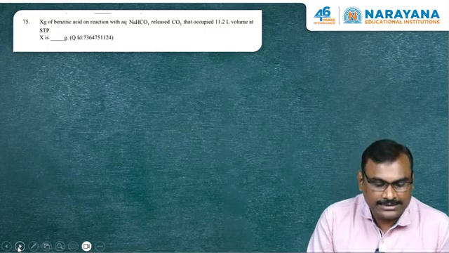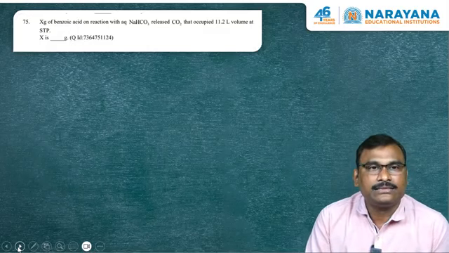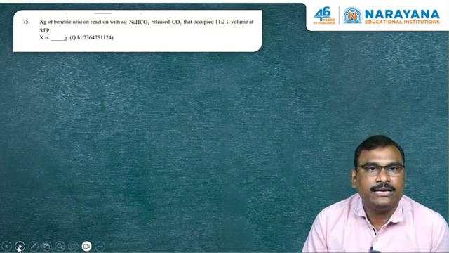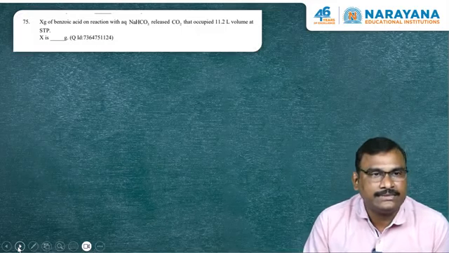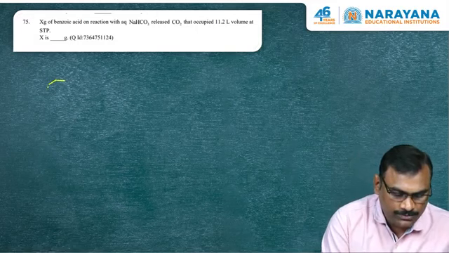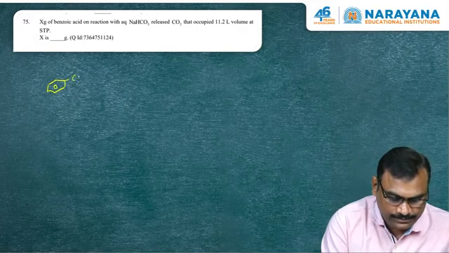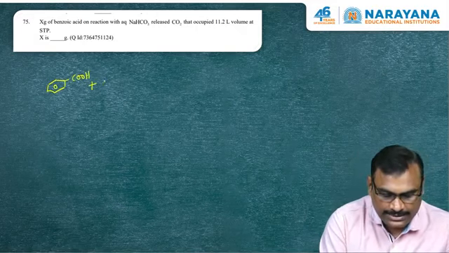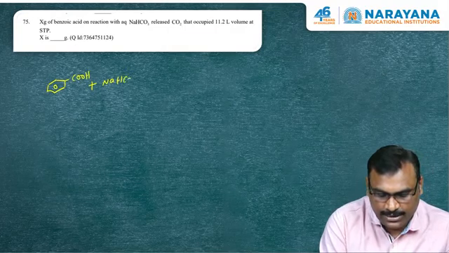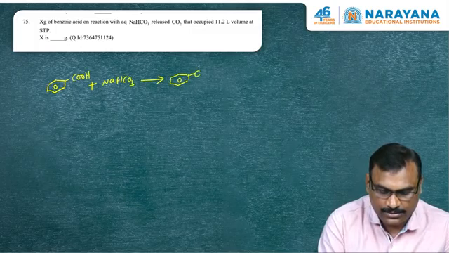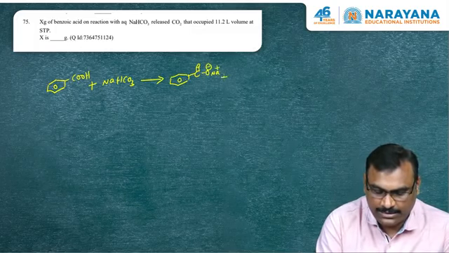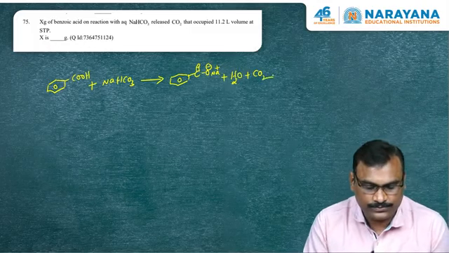X grams of benzoic acid on reaction with aqueous sodium bicarbonate released CO2 that occupied 11.2 liter volume at STP. So benzoic acid on treating with sodium bicarbonate produces sodium benzoate plus H2O plus CO2.